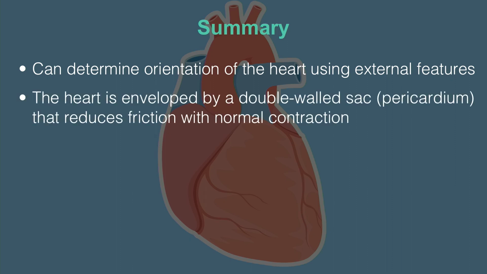We know the heart doesn't sit alone within the thorax or in the mediastinum. It's enveloped in a double-walled sac whose job is to reduce friction during normal wear and tear, allowing normal contraction to proceed with minimal obstruction or opposition.